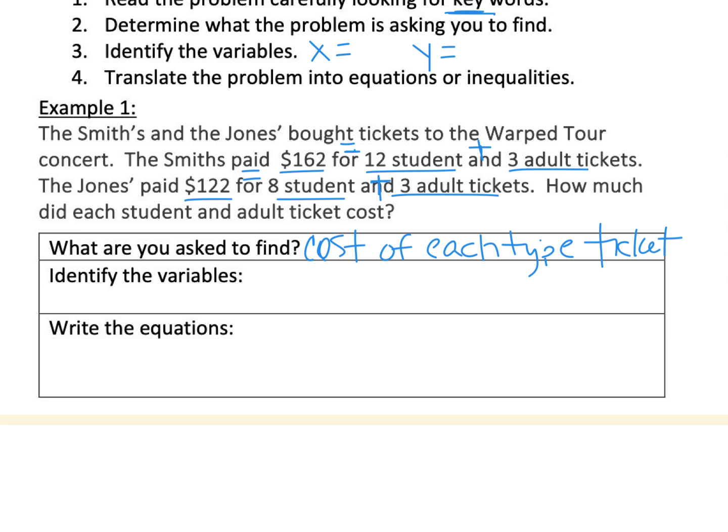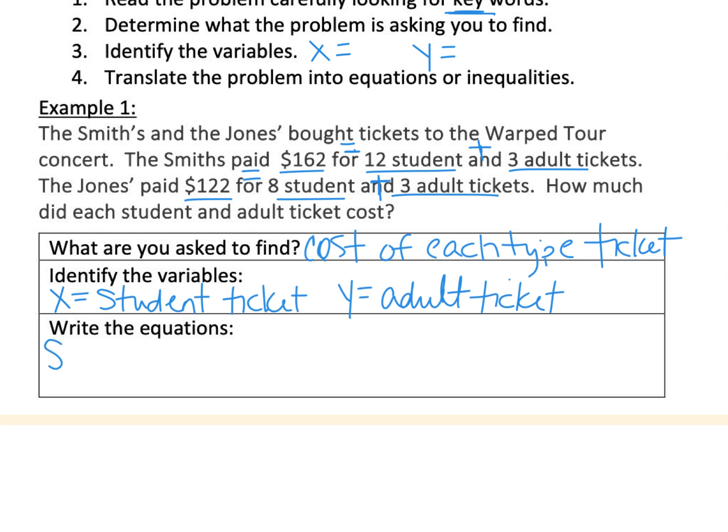Identify the variables. So what do we want x to be? Well, student was first. Let's go with that. It doesn't actually matter as long as you identify it. So x is the student ticket, and y is our adult ticket. So what's our equation? We're going to write an equation for the Smiths. It says 162 was their total, and we know total means equals after we add.